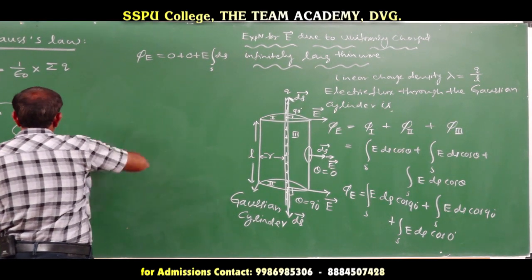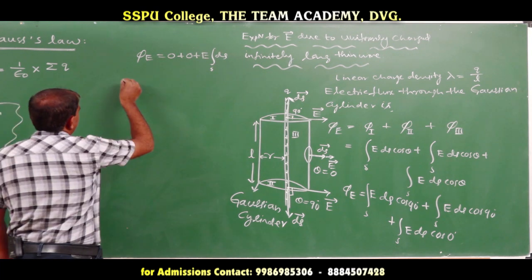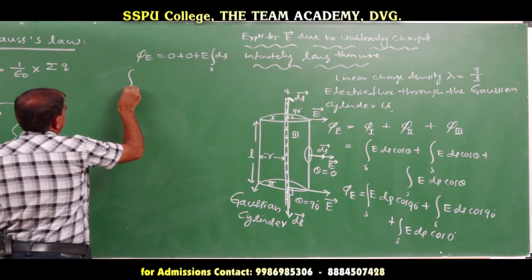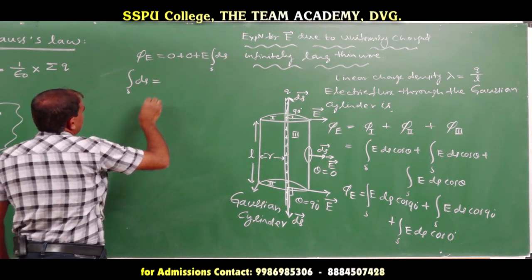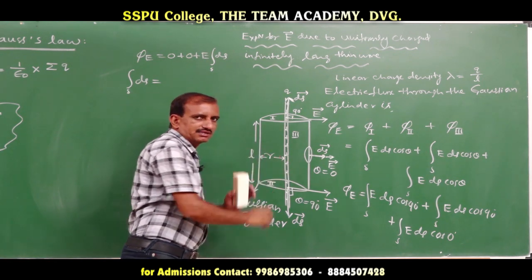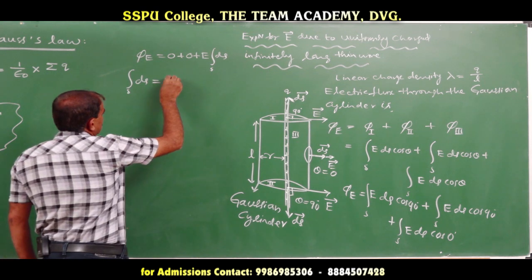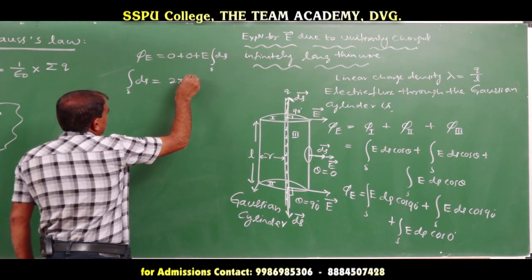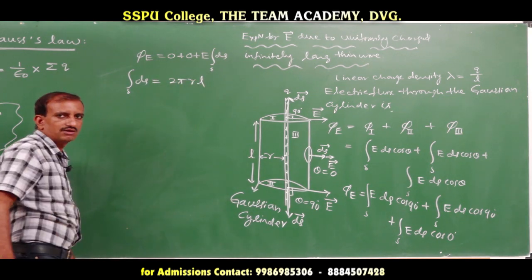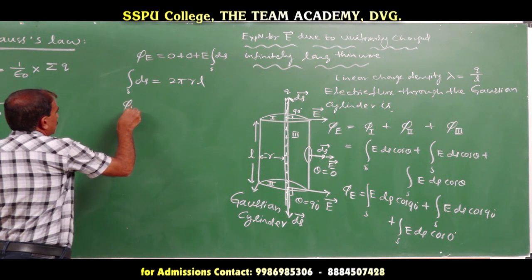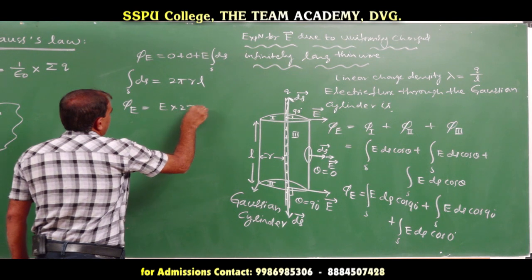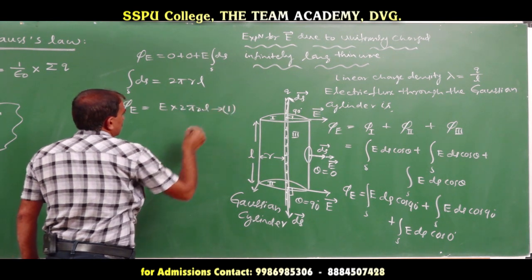It is the curved surface area of the cylinder, 2 pi RL. So the total electric flux is E into 2 pi RL. Call this equation number 1.